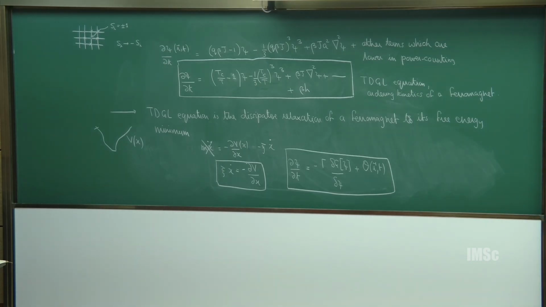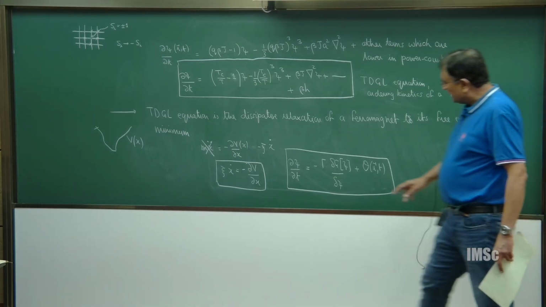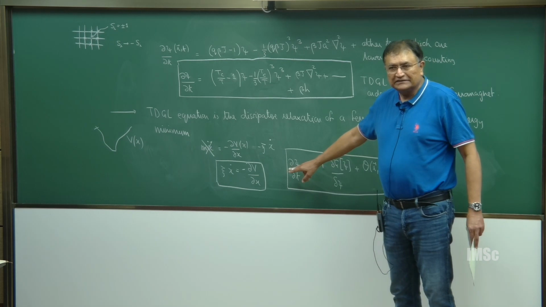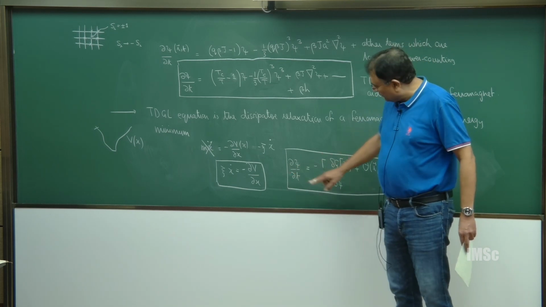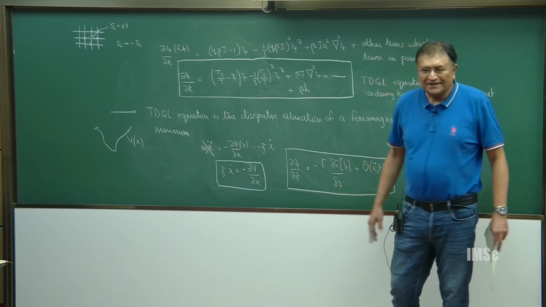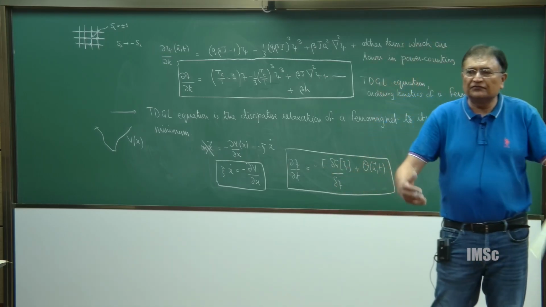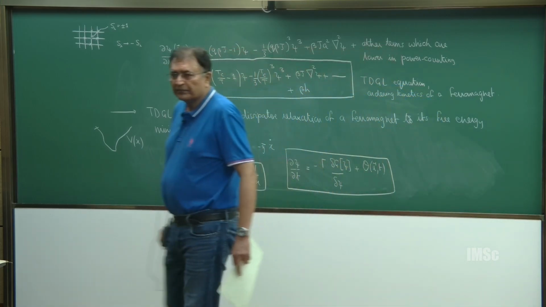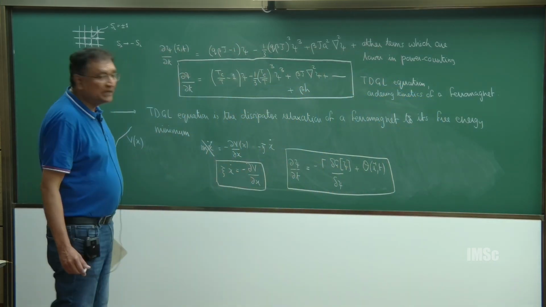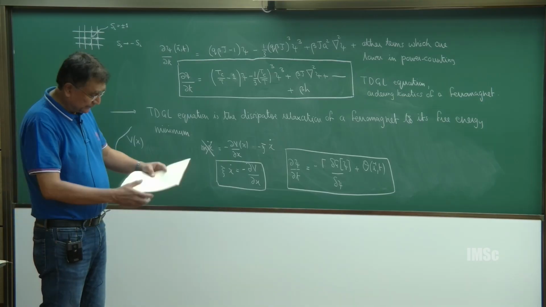What this equation does is the following. You start off from any configuration psi, and that's going to evolve under this equation to reach the free energy minimum, which is the equilibrium position. So ultimately you will end up at the minimum of G[psi].